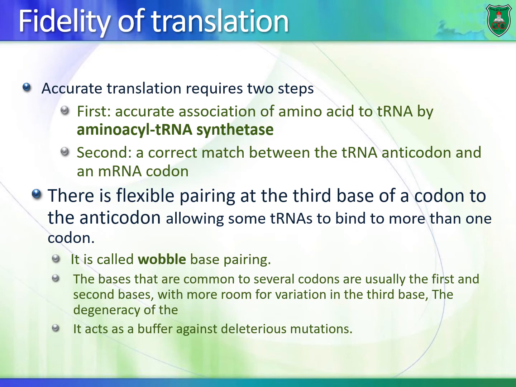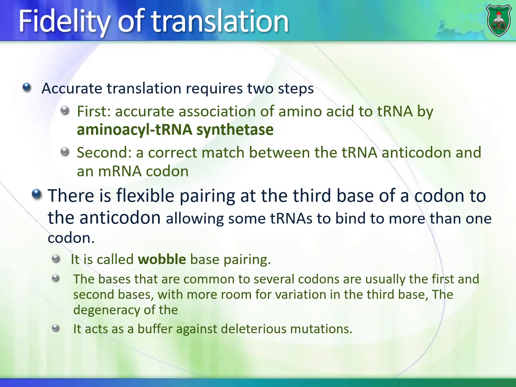This flexibility, by the way, and the fact that an amino acid can be translated the same even though the third nucleotide of a codon is different, provides a buffer against mutations. So changing the third nucleotide of a codon may not cause a serious mutation. It might cause a silent mutation.